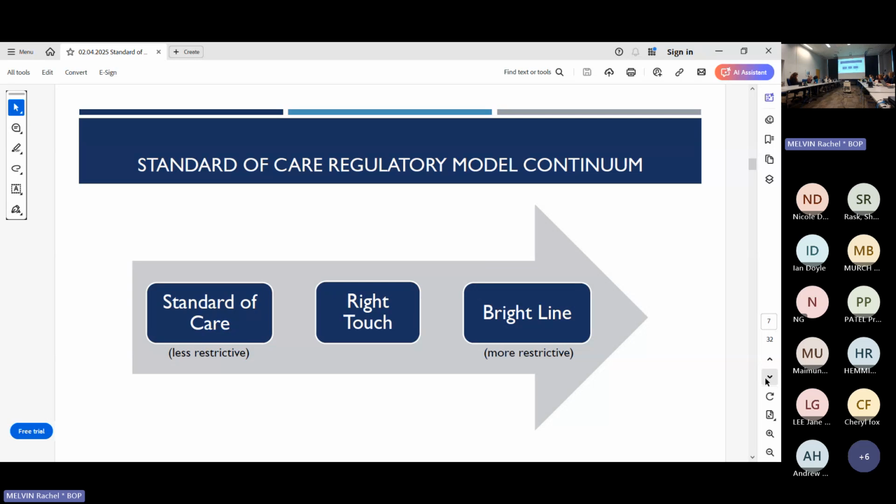And as an example of a standard of care regulation within a particular facet of practice, we can talk about drug substitutions. Instead of a strict list of medications that can be automatically substituted, a pharmacist could use their professional judgment to determine appropriate substitutions based on the individual patient's needs and medical history.